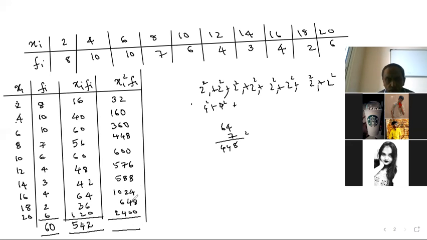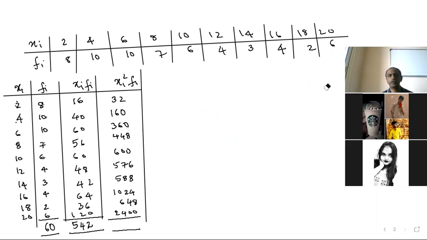Check your calculation, and any difference, let me know. This is the sum of the squares of the observations multiplied by the frequency.